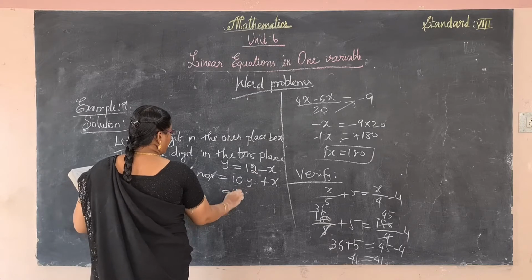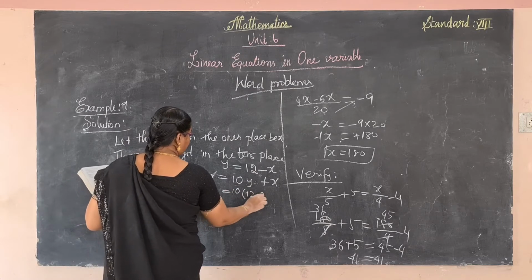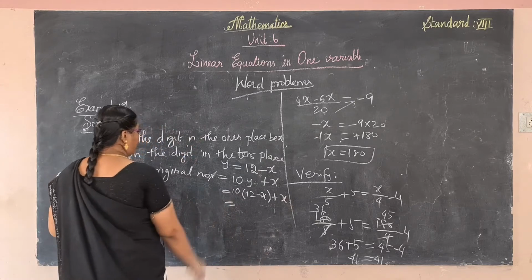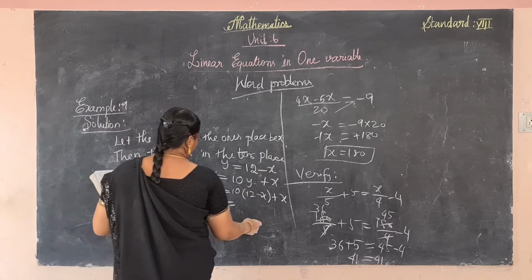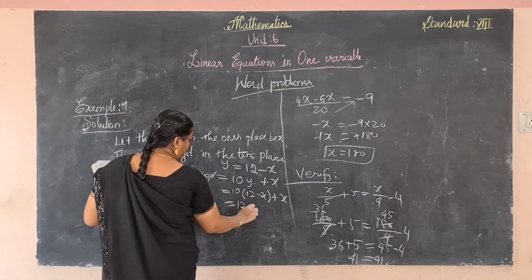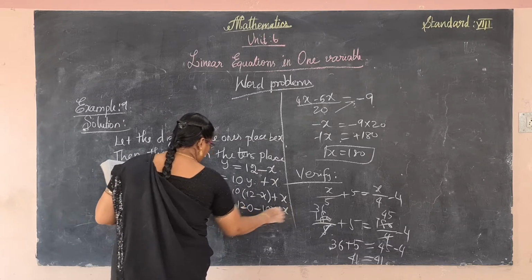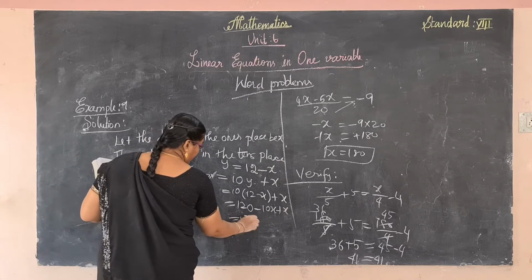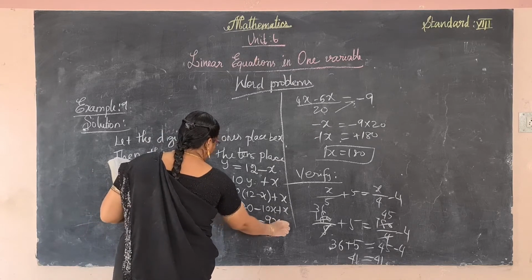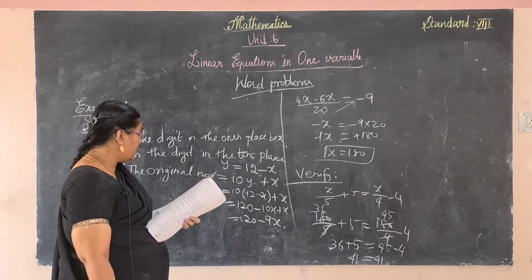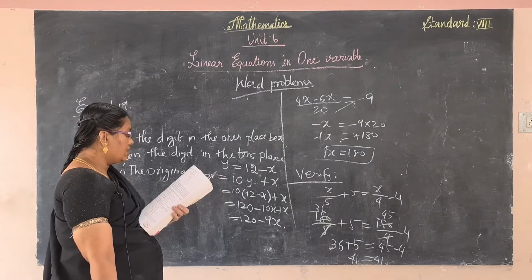Substitute the value: 10 into 12 minus x, plus x. Multiply the terms: 120 minus 10x plus x. So 120 minus 9x.